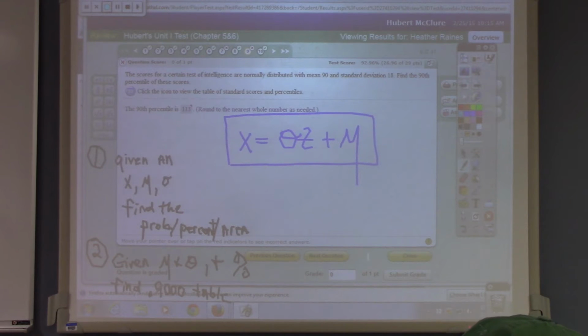There should be some tables in the back, after the answers. Nope. Look before the answers, see if there's any tables. Nope. Okay, look in the section that talks about z-scores and see if there's a page.